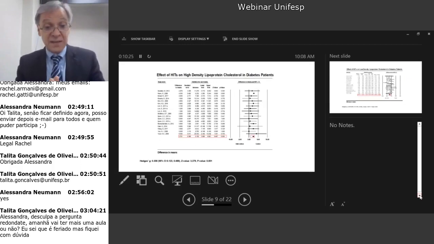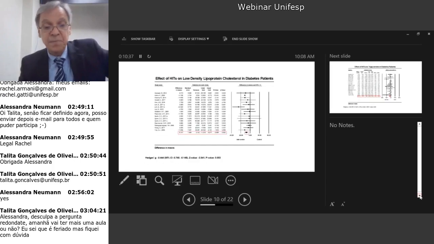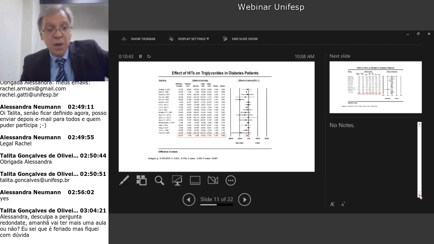And it's a very tight confidence interval. It is way away from 0. It does increase the good cholesterol substantially, very high. And then here you have the low density. All of them are significant. The only one that was not significant was triglycerides.